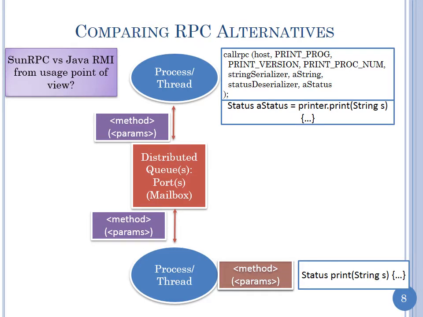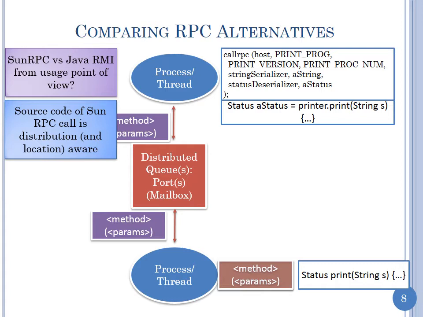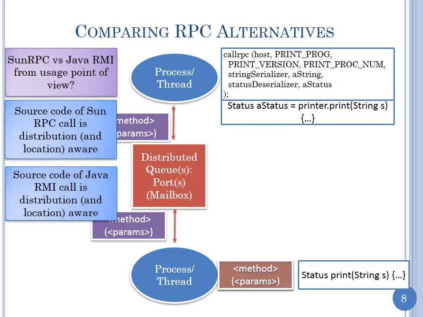There's an obvious difference. Source code of Sun RPC is distribution and location aware. You can see that it's got the host argument there. So if it's location aware, it must also be distribution aware. And the source code of the Java RMI call is not; I meant to put unaware here, it is not distribution and location aware.